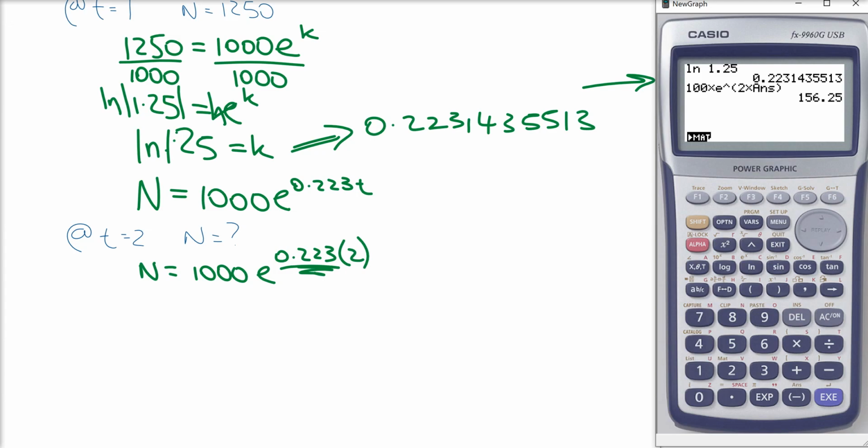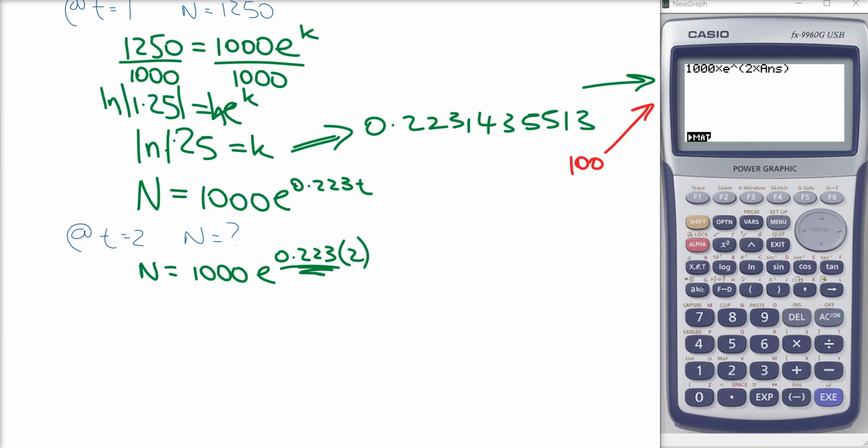Yeah, okay. I'm not going to go through and change it again, but I should have had 1,000 there instead of 100. So it should have been 1,000 there. If I do that now, I'm going to change my answer. Who can remember that number that was just there? 156.25.